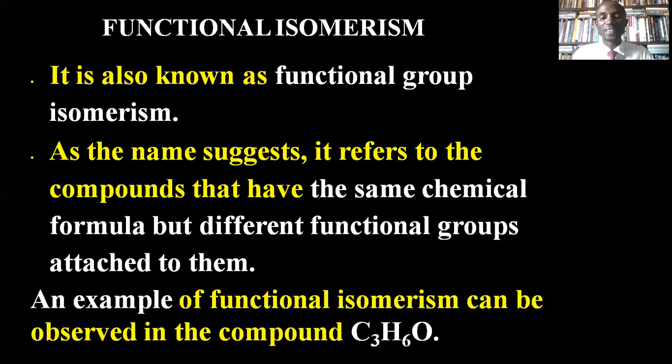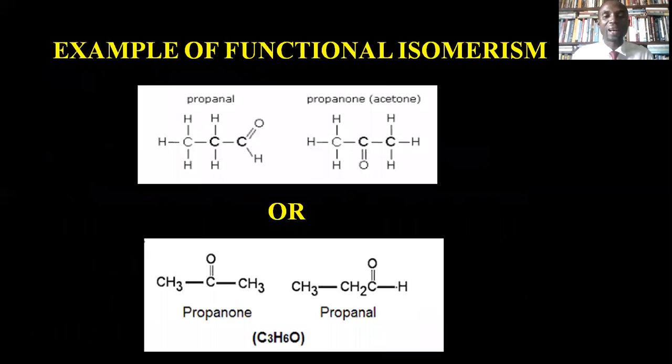Let's use C3H6O as an example. Here we can get more than one functional group structure from the same chemical formula. The same chemical formula, but different functional groups. All right, we have propanal, which is an aldehyde group, and the ketone, which is propanone, acetone.